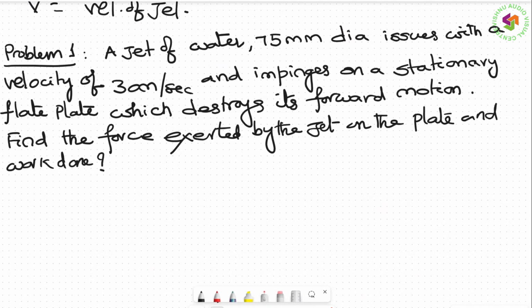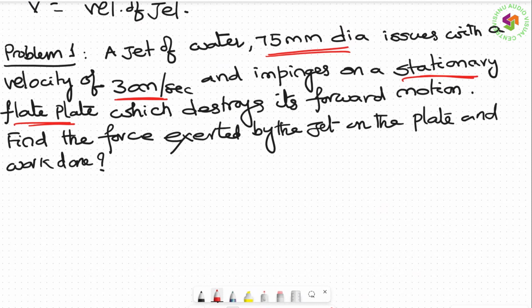This is the question. So what data is given? Let us check. Diameter 75 mm, velocity 30 meters per second, impinges on a stationary flat plate which destroys its motion. Find the force on the plate, right?